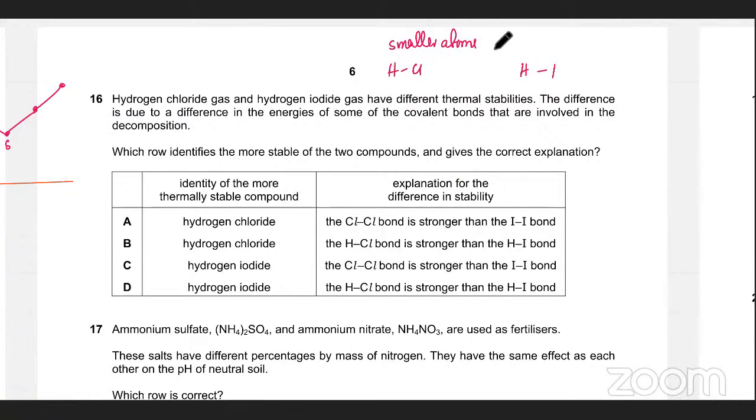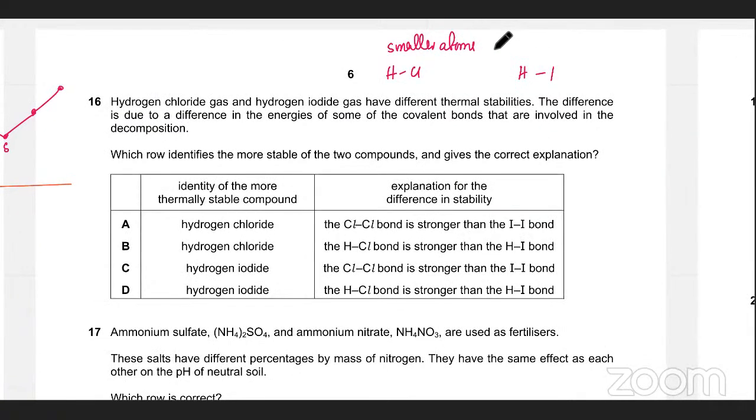Remember, the smaller atoms always make stronger bonds because they're closer together. There's more orbital overlap and the bond length is also smaller, so they attract each other more strongly. The most stable compound is going to be HCl, so it's either A or B. The explanation is that the HCl bond is stronger than HI. That's pretty obvious, so it's going to be B.